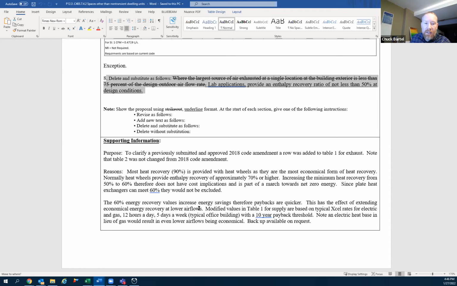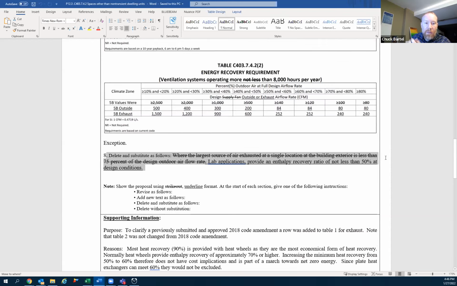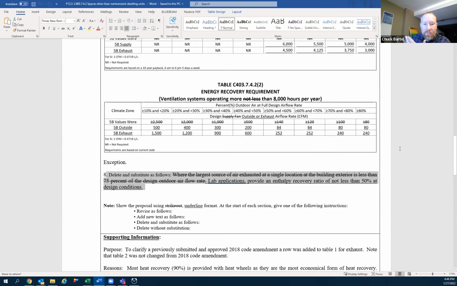So basically, if there's not an exhaust that exceeds the values in the table, but the supply air is greater, there's an exception. This is similar to exceptions in the IECC currently and in ASHRAE, but the current exception we have is more aggressive because it's based on the tables.